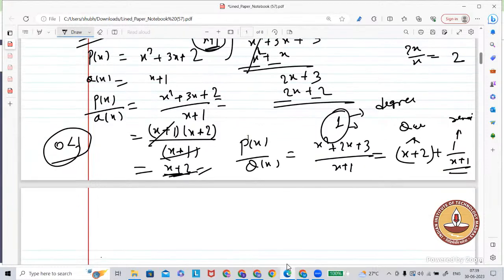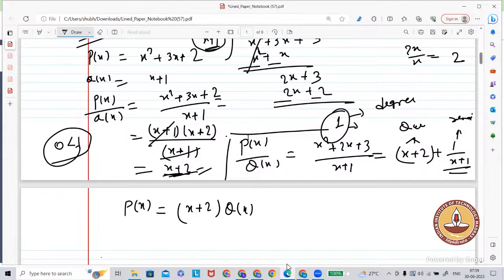So you can write it like this. This is the division you are doing here. So you can write p(x) is equal to the quotient you are getting, that means x plus 2, times q(x), and at the end the remainder is 1 here.